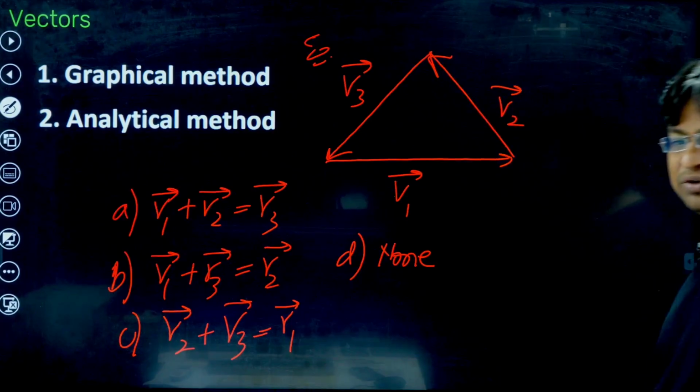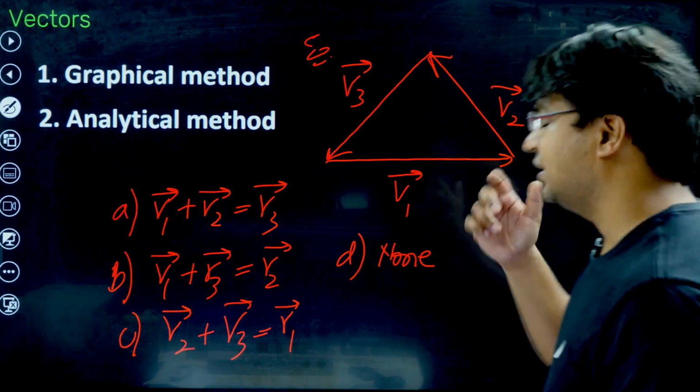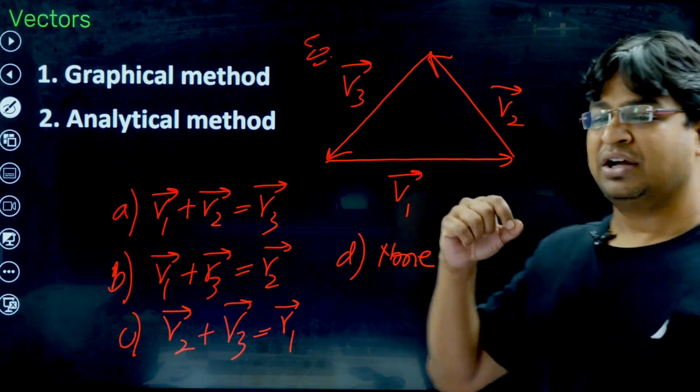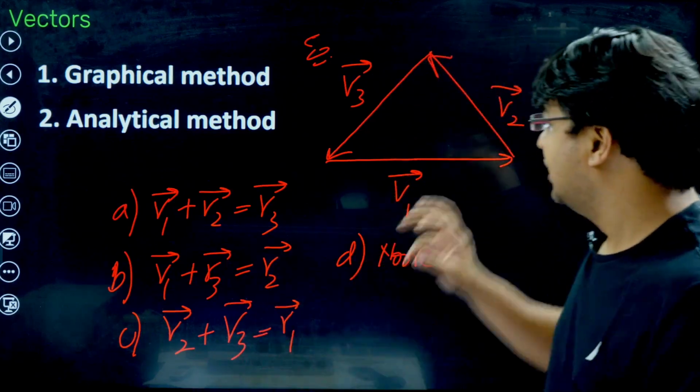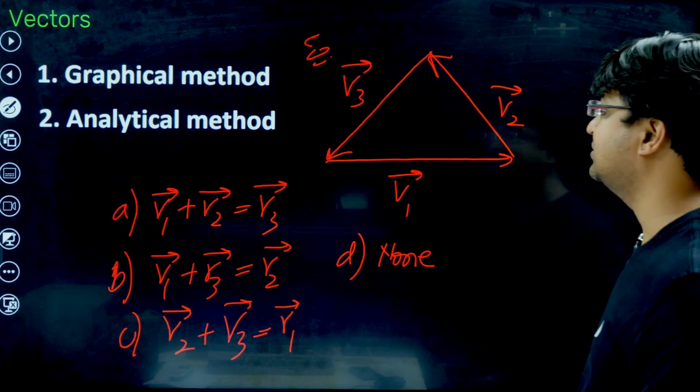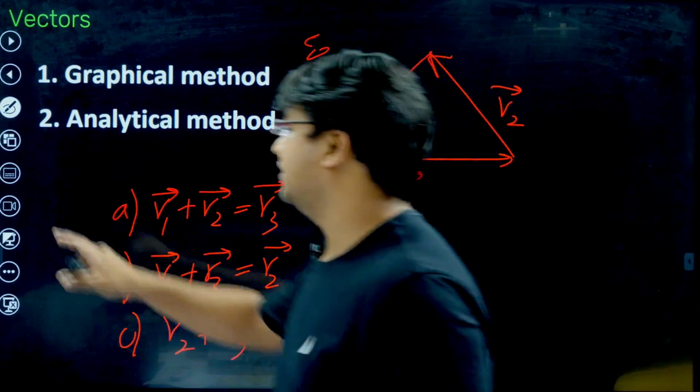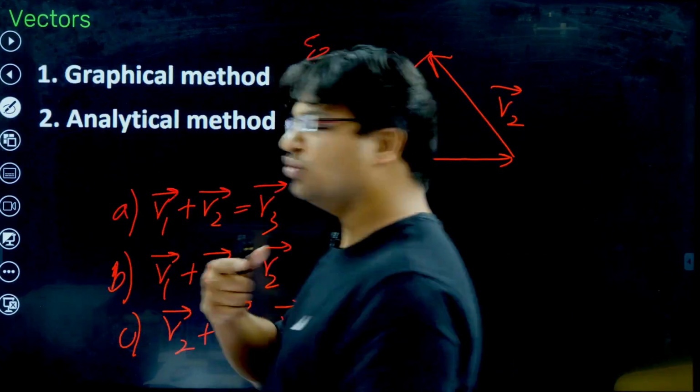Which one will you go with? Here you see that none of the vectors has the property that its tail coincides with the tail of another, or its head coincides with the head of another.